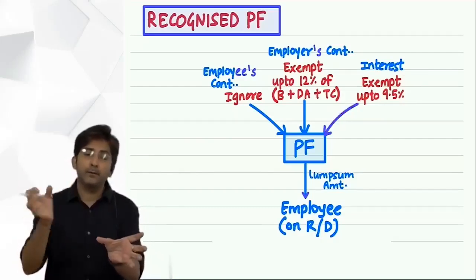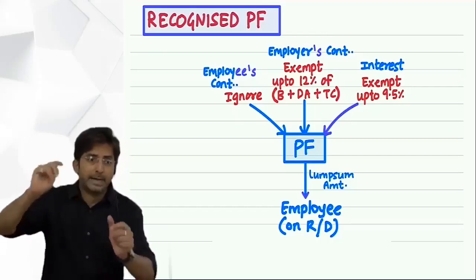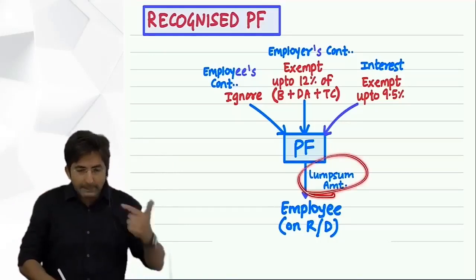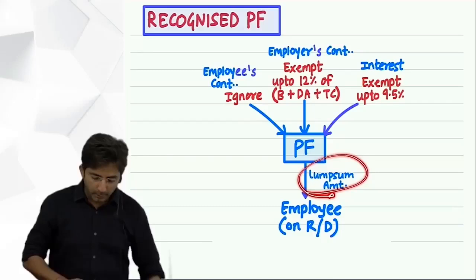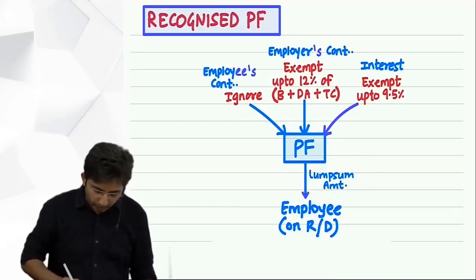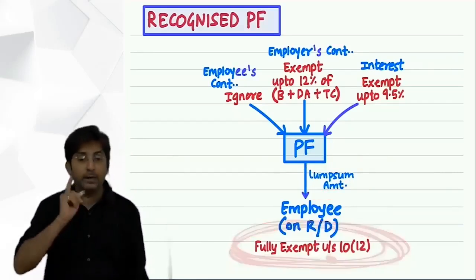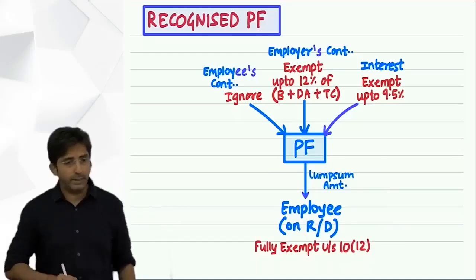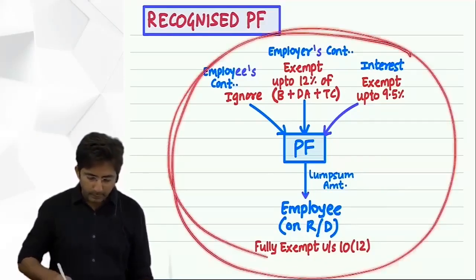Every year the provident fund was credited with interest, and year to year you might have paid the tax. Now if you get that accumulated amount together at the time of retirement, you will not have to pay the tax again. So in short, the lump sum amount will become fully exempt under section 10(12); for SPF it was 10(11) and for RPF it is 10(12). It's fully exempt.